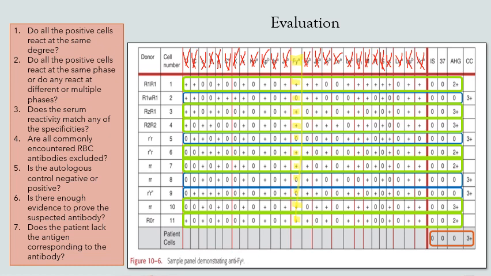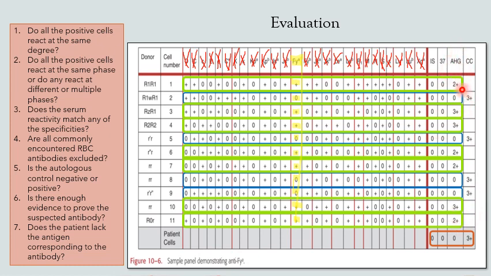So, mapapansin nyo, ito dito, the panel for FYA matches the reactions here in the AHG.